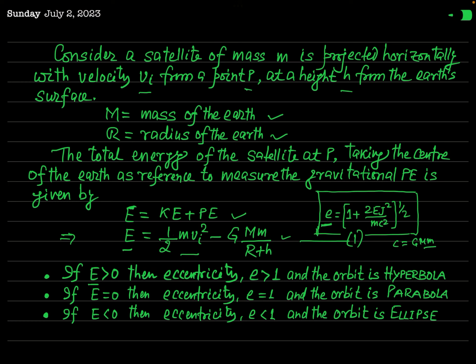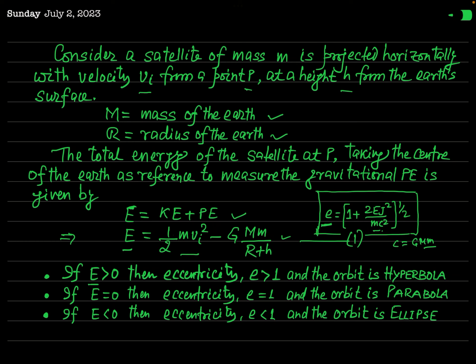In the second term, except E, all quantities are positive: J squared is positive, m is positive, C squared is positive. So the sign of the term 2EJ squared by m C squared depends completely on the sign of E.